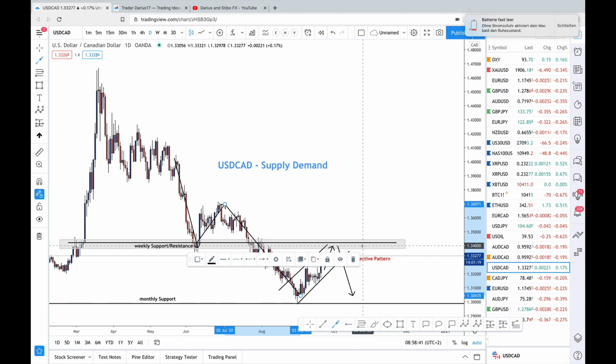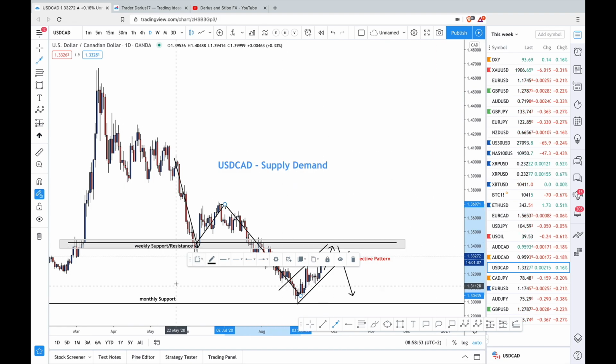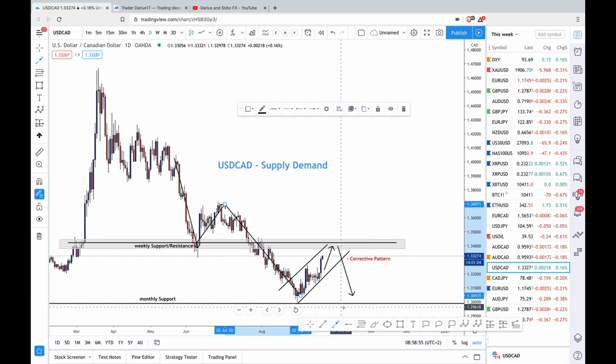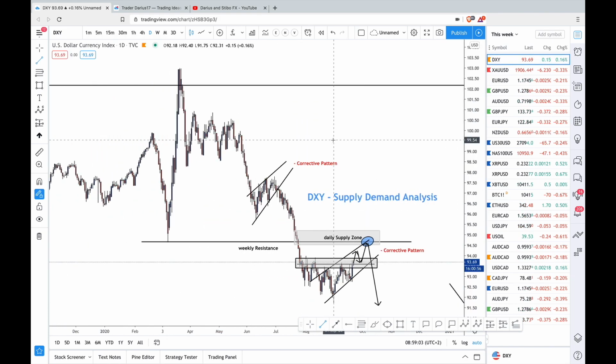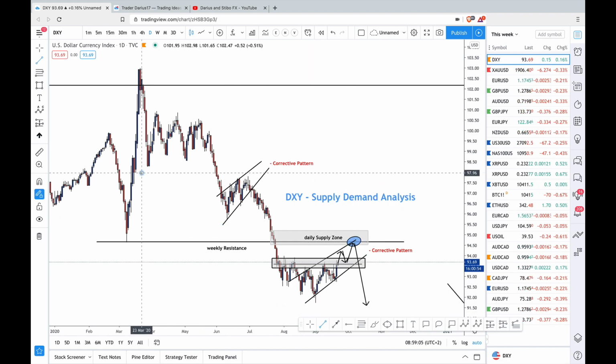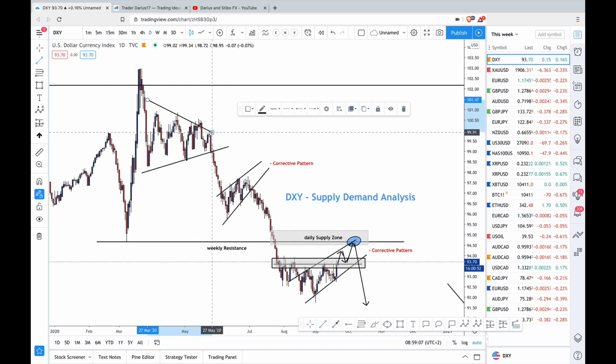And you can easily see the same thing on the DXY, because USDCAD is moving most of the times exactly like the DXY. Okay, so let's have a look. You got here this triangle pattern, and then impulsive, corrective, impulsive, corrective. Let's have a look on the DXY. Same thing. Triangle, impulsive, corrective, impulsive, corrective.